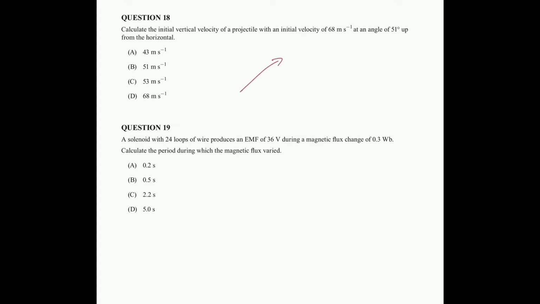Our initial velocity magnitude is 68 meters per second, at an angle of 51 degrees. We can either have it committed to memory, or recall some trig functions and realize we're going to use sine, because we have the hypotenuse and we're trying to find the vertical velocity, which is the opposite. So SOHCAHTOA is sine.